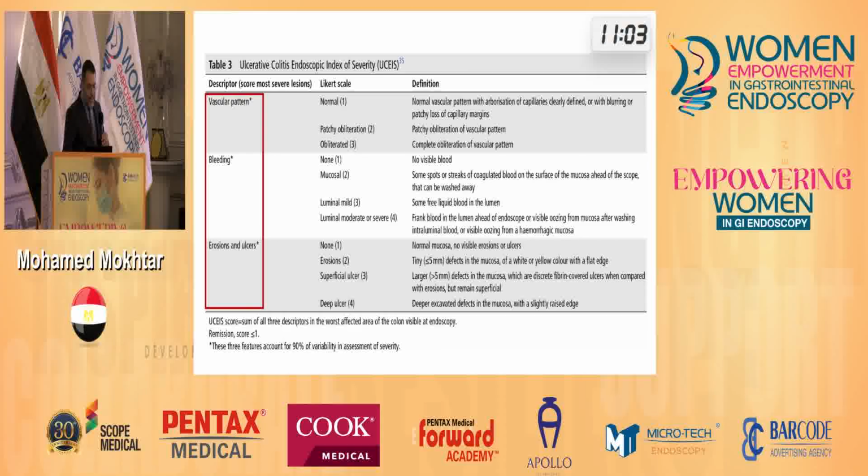Erosions and ulcers are classified from 1 to 4. You take the sum of the three descriptors in the worst affected area during colonoscopy. That is the Ulcerative Colitis Endoscopic Index of Severity.